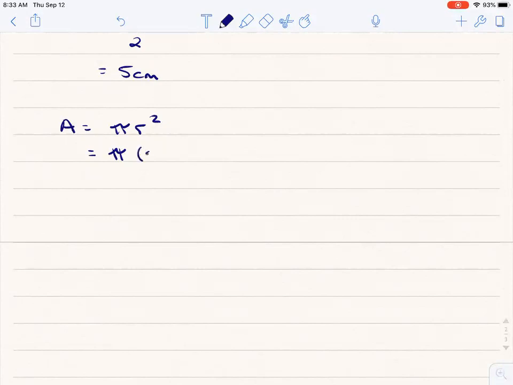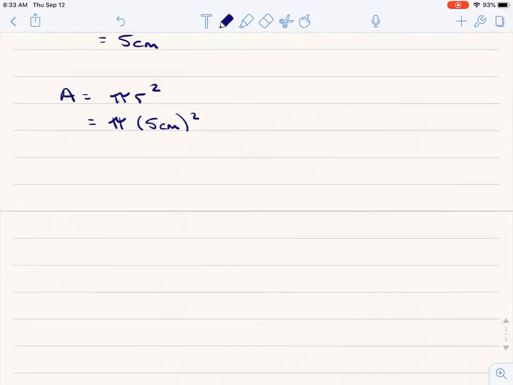So pi times 5 centimeters squared, I guess the centimeters isn't squared, is going to be, oh, well, I guess it is. Yeah, never mind, that was a silly comment. Hey, it actually works.